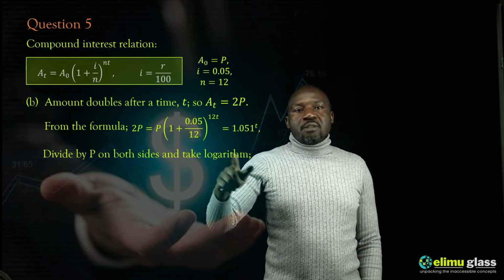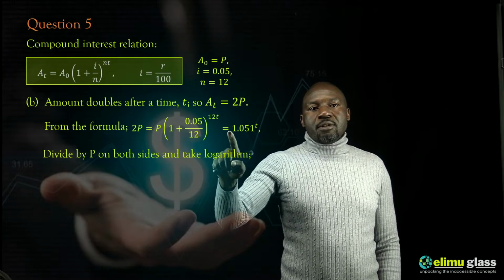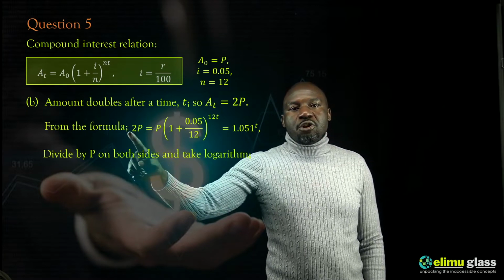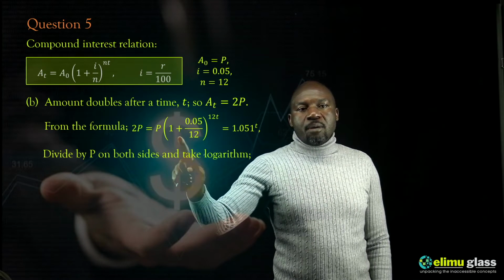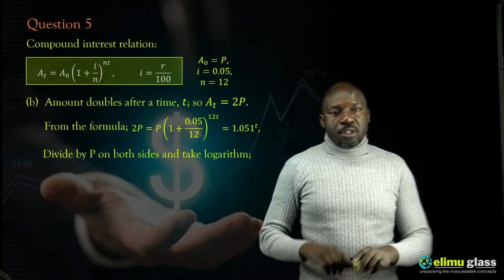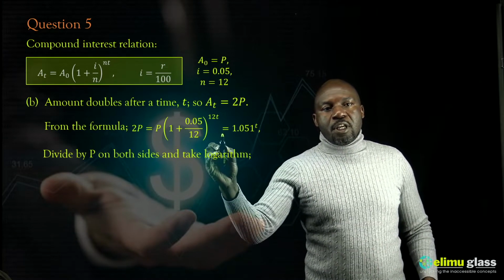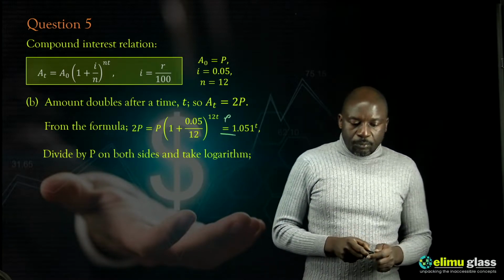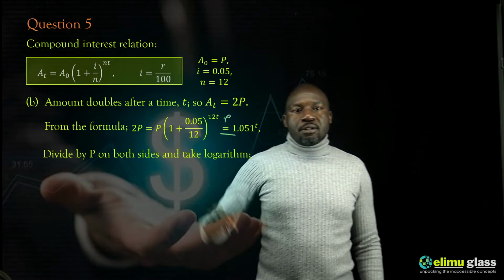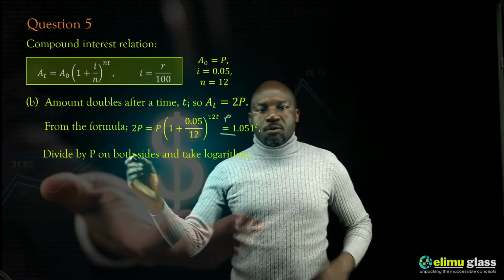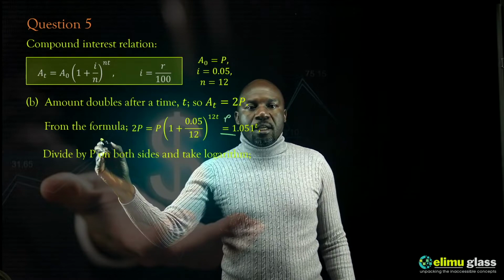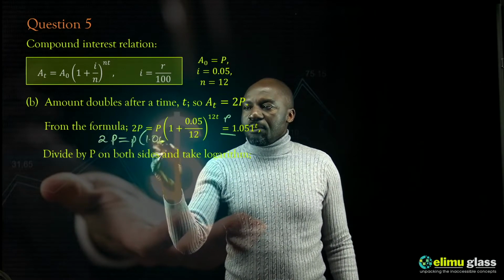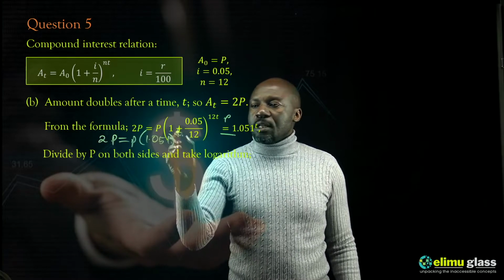So dividing both sides by p, there is a p here, and there is times p there. So when we divide both sides by p, this cancels with that. So what we're ending up with here is 2p equals p times 1.051 to the power t.